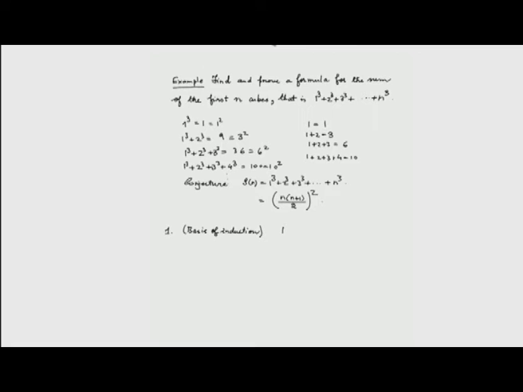Here we see that 1 cube is indeed 1 into 1 plus 1 divided by 2 whole square equal to 1. Thus, we have proved the basis of induction, and now we come to the induction hypothesis.